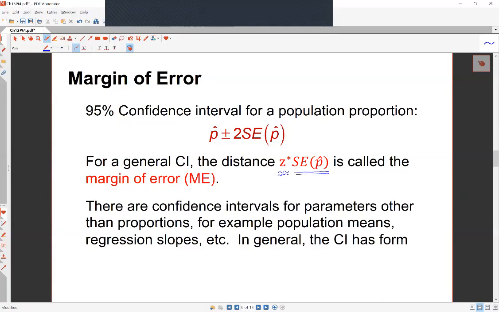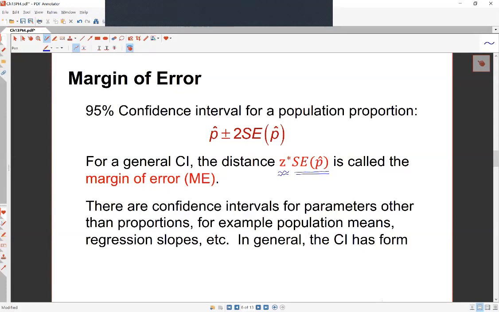So this quantity that in general we add and subtract, the Z star times the standard error, we call the margin of error. And so the margin of error is really just measuring for us how big our confidence interval is, because it's telling us how big a step we take to the left if we subtract the margin of error, and how big a step we take to the right when we add the margin of error.